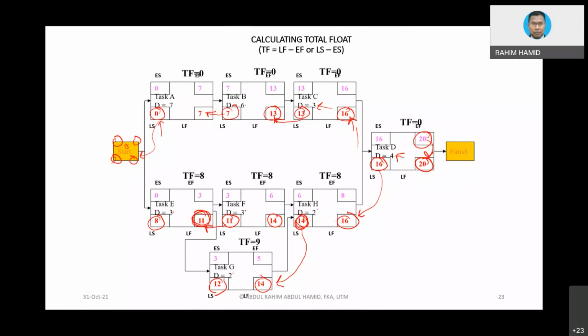So now we already completed our network diagram, all the figure, except that we need to calculate, let's say, total float. Okay, now come the total float. How do we calculate total float from this diagram? As I mentioned to you earlier, if we use AON diagram or PDM diagram, all the values, early start, early finish, late start, late finish for each of the activities are being shown inside the box here.